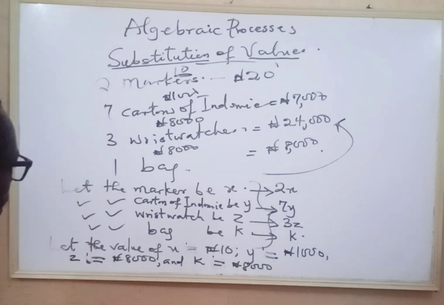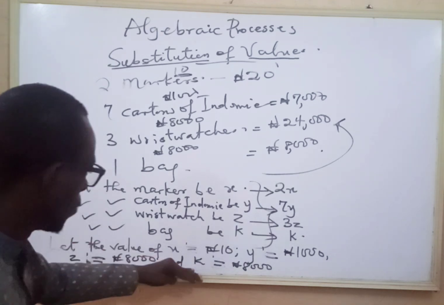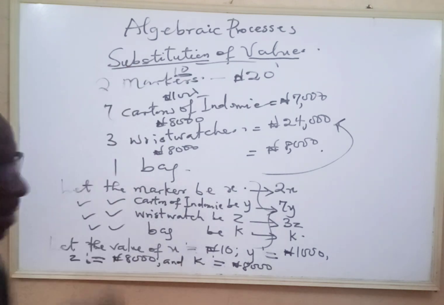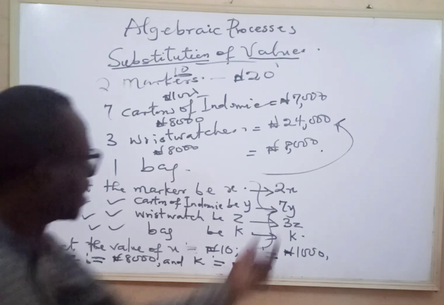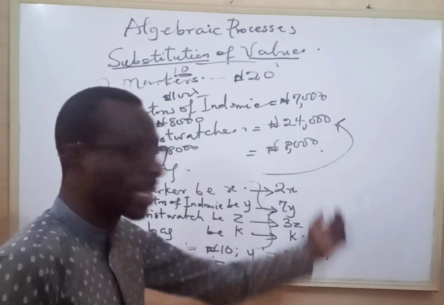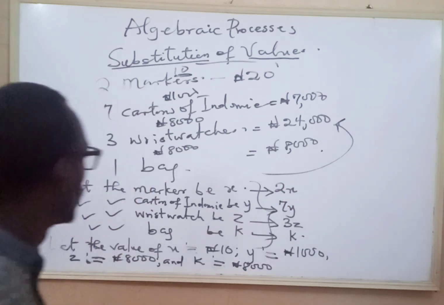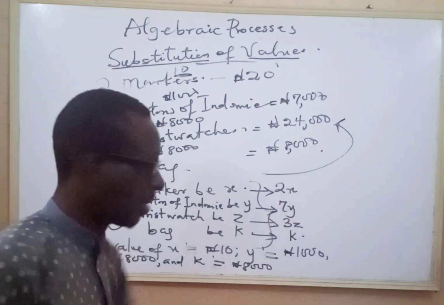Automatically, these are the values for the items. And these are the mathematical representation of those items you have listed.